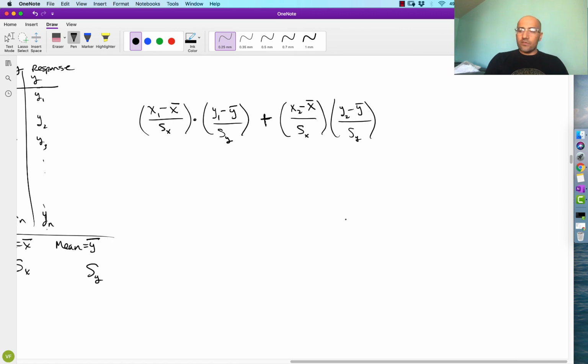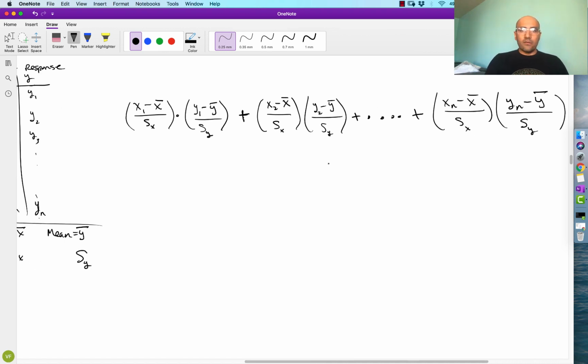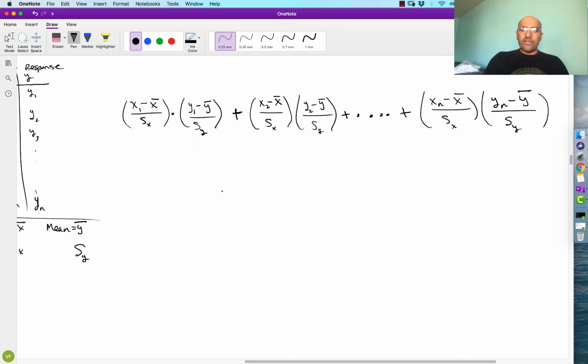So we keep going, and we don't stop until we get to dot, dot, dot, plus, and then the very last one is x sub n minus x bar all over s sub x, and then y sub n minus y bar all over s sub y, right? So that's the last one. And then we take the whole thing and we divide it by n minus 1.